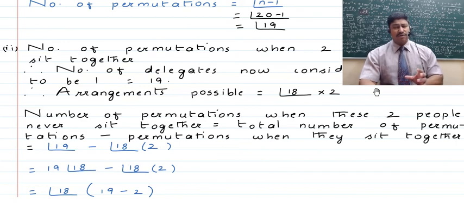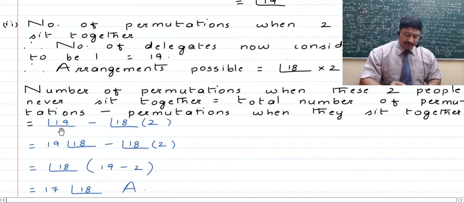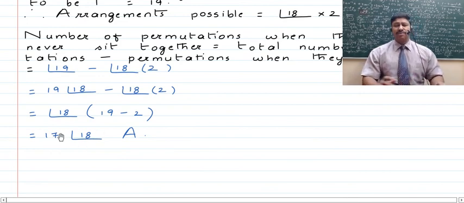Now, factorial 19 can be written as 19 times factorial 18. From both of these terms, factorial 18 is common, so we take it out, and inside we are left with 19 minus 2, which equals 17. So 17 times factorial 18 will be the final answer.